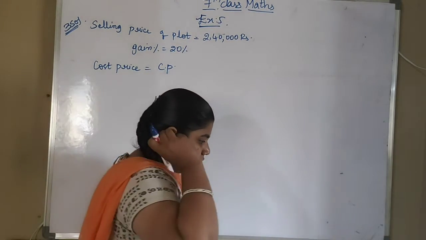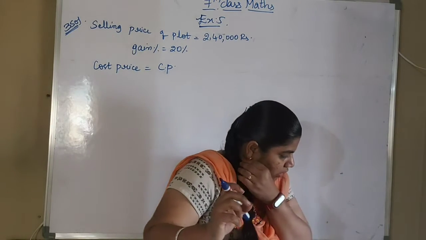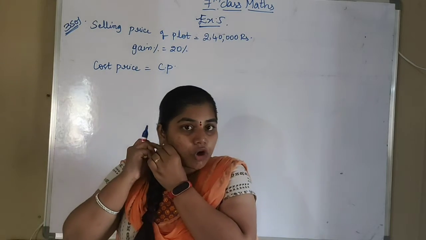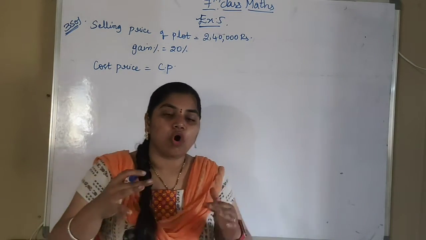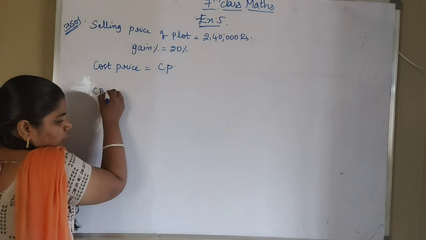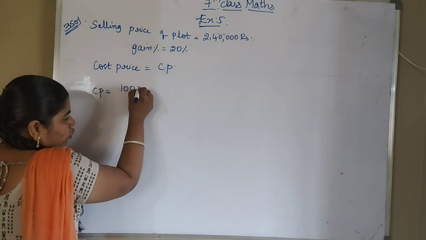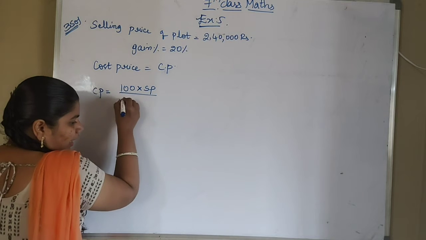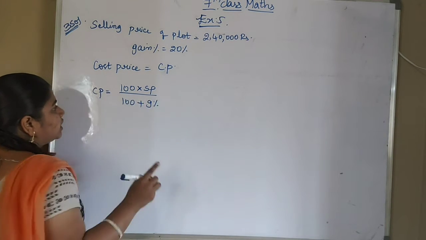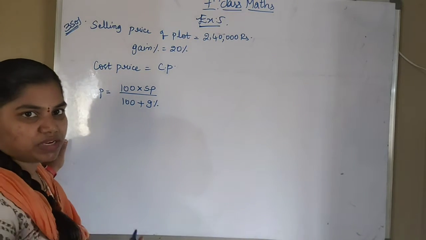Okay, so I gave you some formulas on profit and loss. So in profit, what is the formula for finding the CP value? CP is equal to 100 into SP by 100 plus gain percentage. In the formula I gave it as profit percentage.